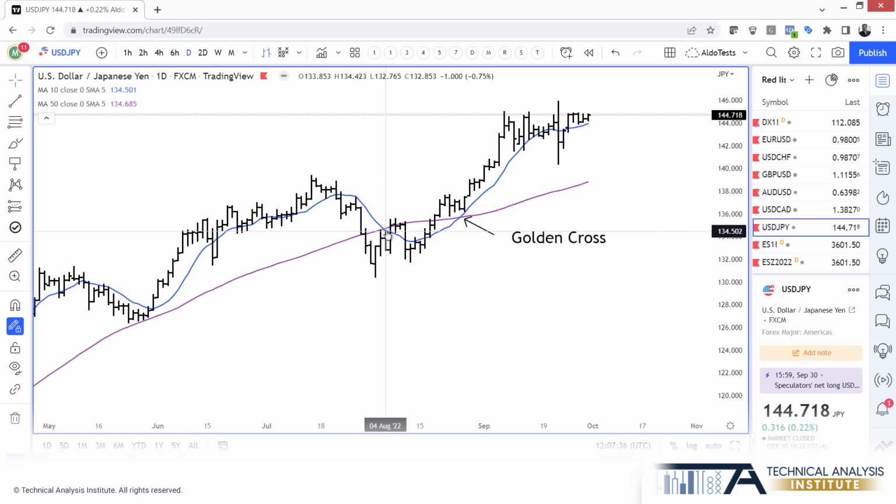You can see this cross here went nowhere. In fact, as soon as it occurred, prices went against it. And even though they try to go back down, at the end of the day, they continue moving higher in the direction of the main trend as pointed by the larger term moving average, in this case, the 50.